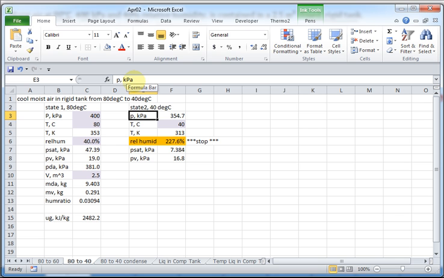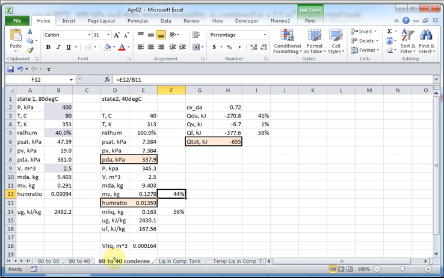All right. But let's jump now to this case. So what we do is you say at state 2, it's going to be assumed to be 100% relative humidity. Okay, if you assume that it's 100% relative humidity, then you know that the saturation pressure and the partial pressure of vapor are the same. It's 7.38.